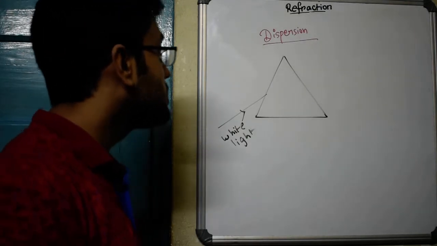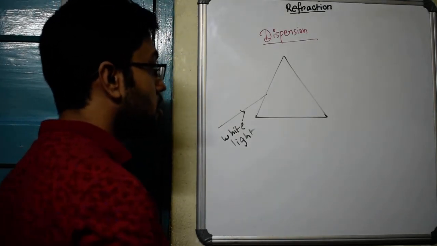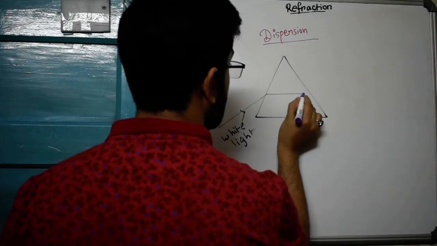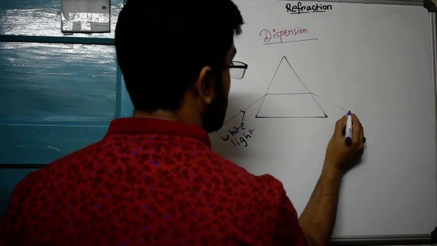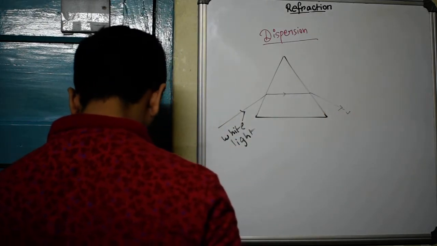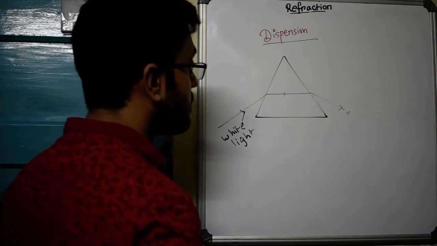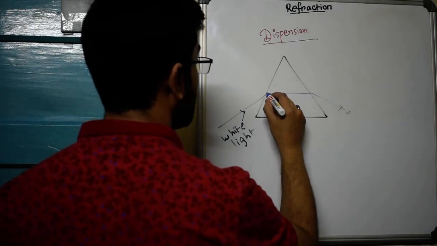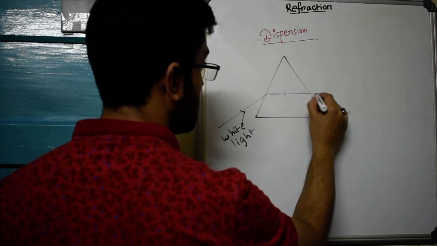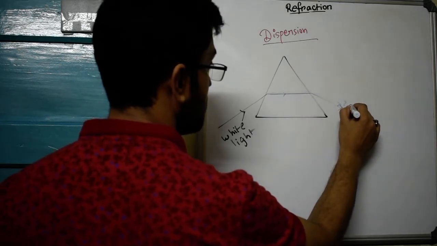And what are the colors? Well, as you know, the order is called VIBGYOR. First we have the violet light here. Then we have the indigo light, but I do not have the color indigo, so let's use the same color for both indigo and blue.